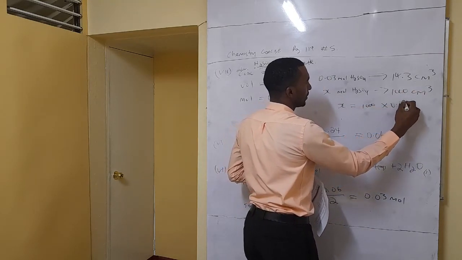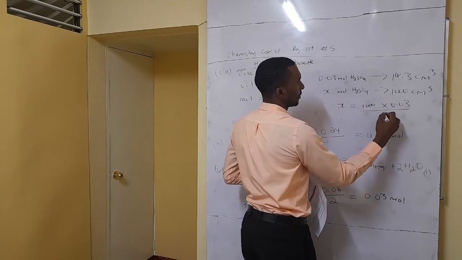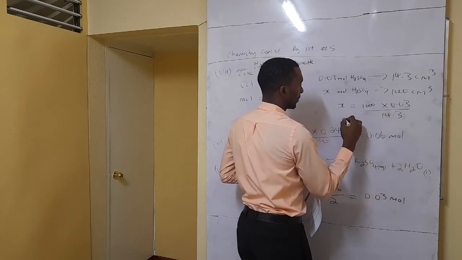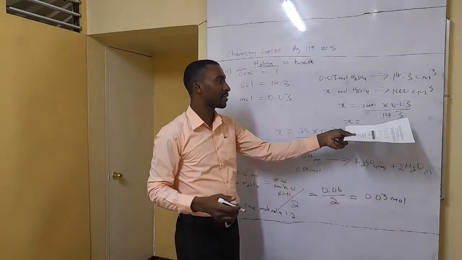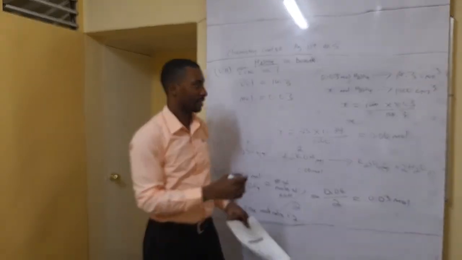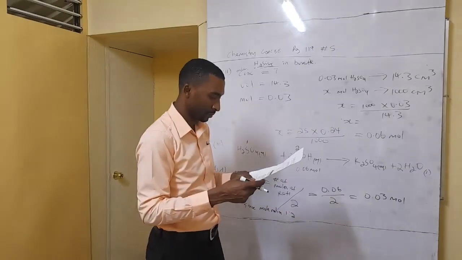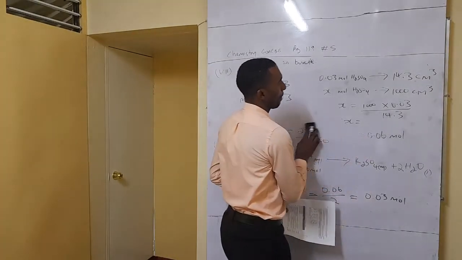Good. 1,000 times 0.03, that's in moles per 1,000 cm3 or moles per dm3. The answer that we get here is 30 divided by 14.3.